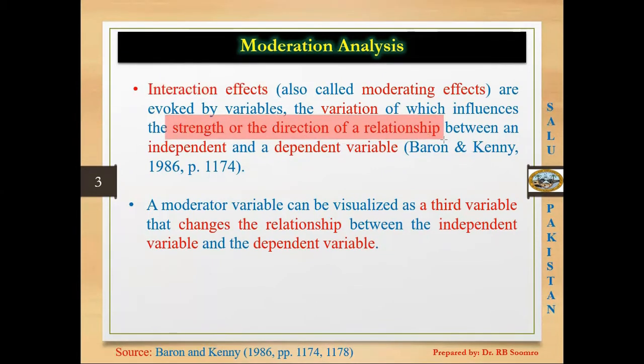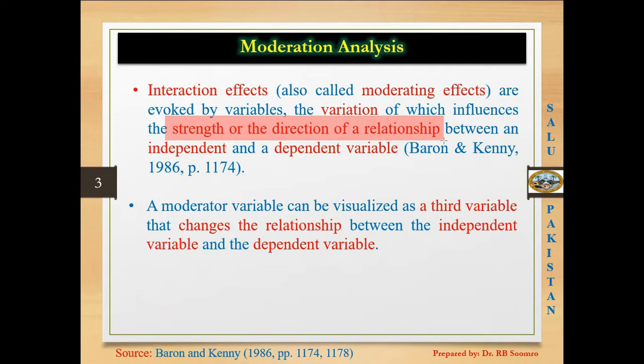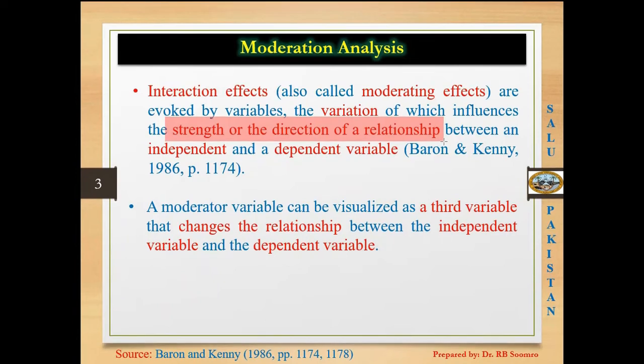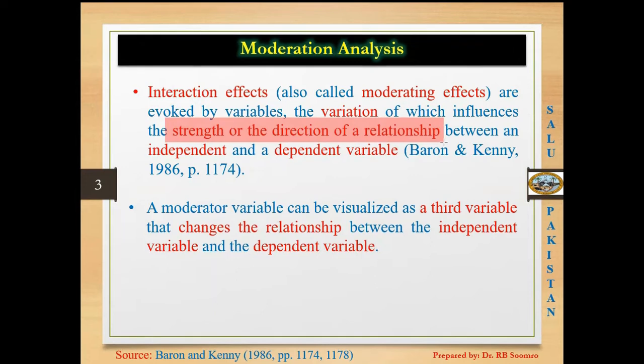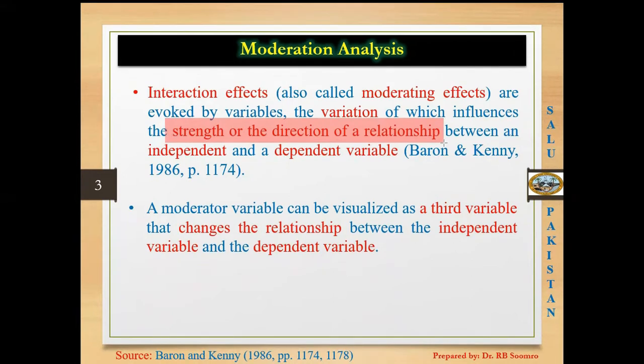Here the moderator influences or affects the relationship between the dependent variable and the independent variable, in the form of the strength or the direction of the relationship. Sometimes the direction may change. Sometimes the strength may come down or go up after introducing the effect of the moderator variable between the dependent variable and the independent variable.